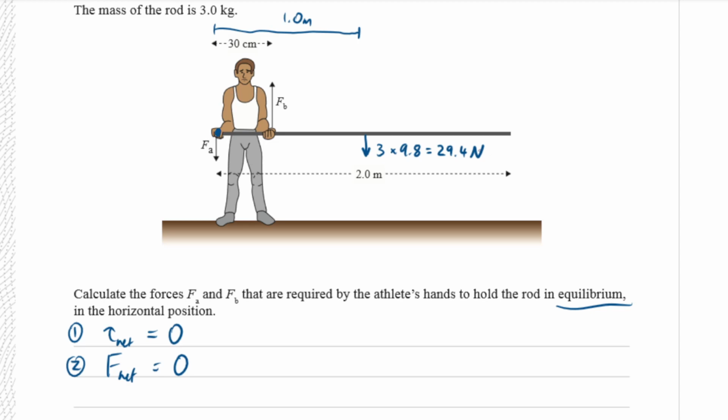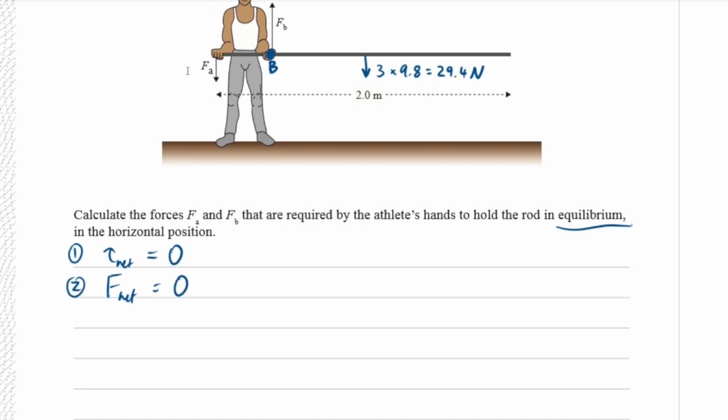It could either be his hand at A or B. I think the mark scheme chose A, so I'll choose B just to be different. It works for either. So B is our pivot point.